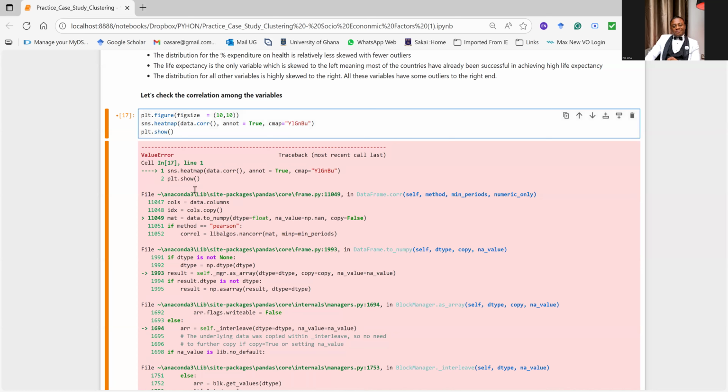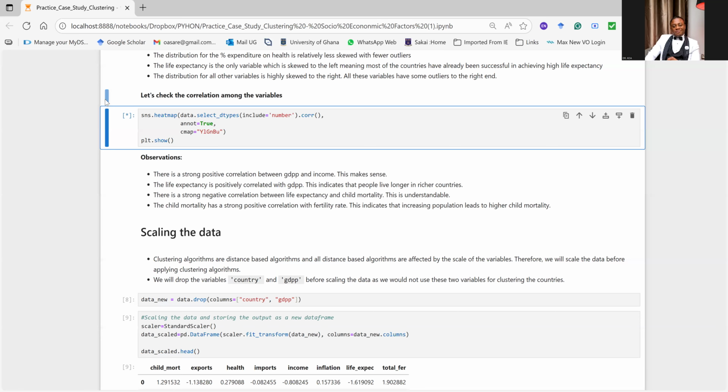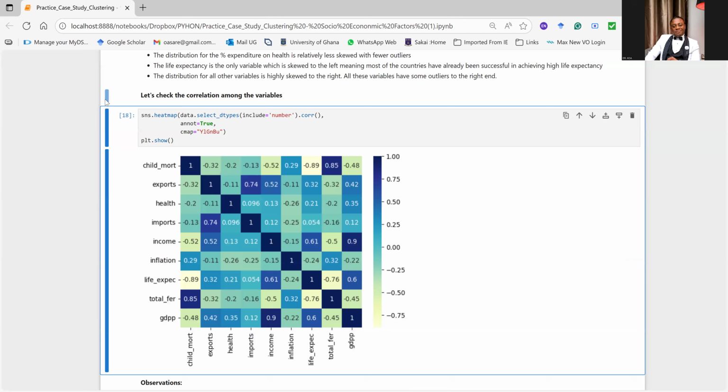I'm just going to copy this and put it here for this command. And then let's run that and see. So you see, it gives you information. It's slightly different from the one you already have, but it's the same values you are getting.